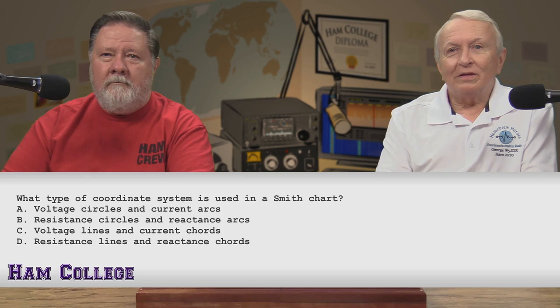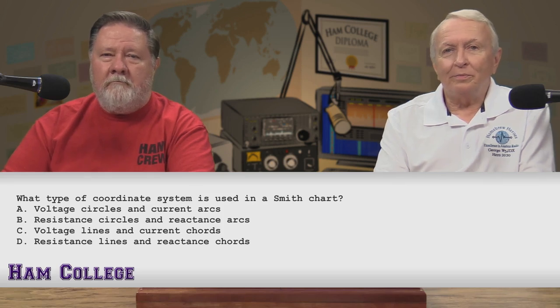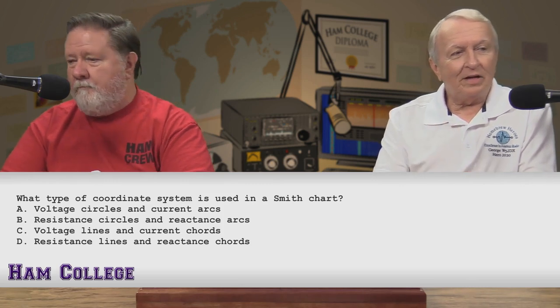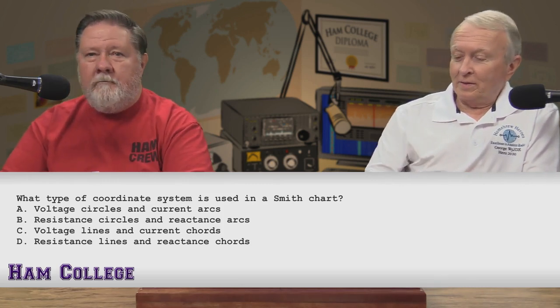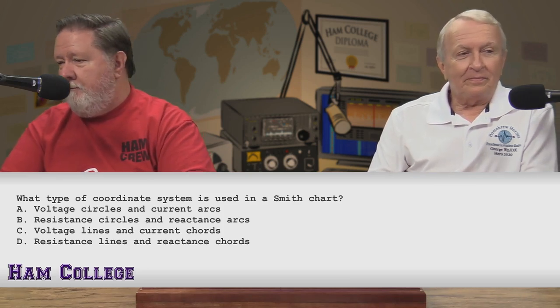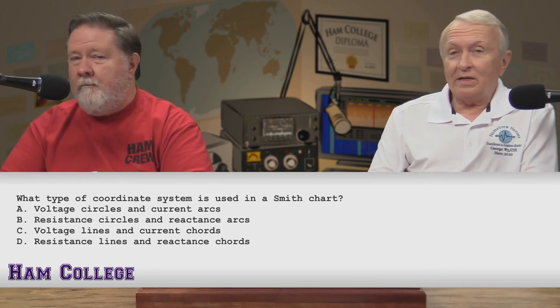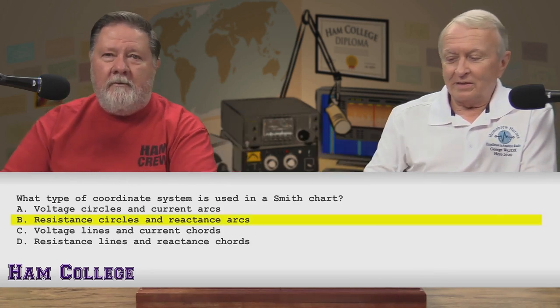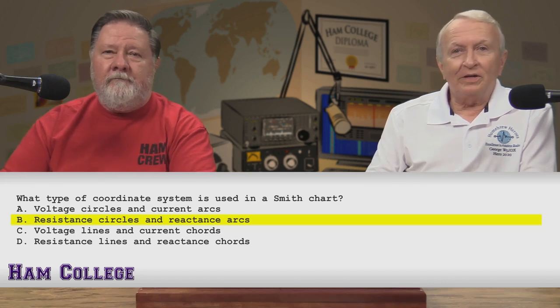Resistance circles and reactance arcs, B. That's going to be my answer. Everyone in the chat room is getting it. There's a lot of smart Smith chart people here tonight. Yep. We'll see if it holds out. All right, I'll give you that. Okay. There you go. Off to a good start here.